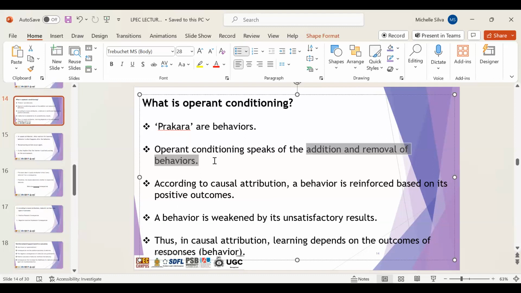In operant conditioning, we highly focus on reinforcement and punishment. So according to the causal attribution, the behavior is reinforced based on its positive outcome.